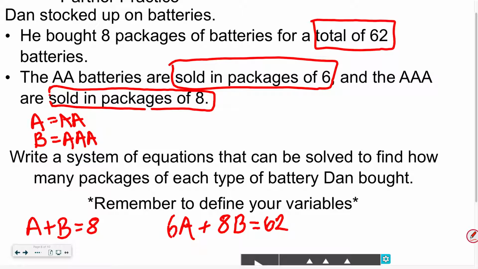So there's 62 total batteries. And how are we getting that total? It says in the equation total of 62 batteries. Yeah, so the total of 62 batteries, and what does this part mean? Our variables A and B, what do A and B represent?